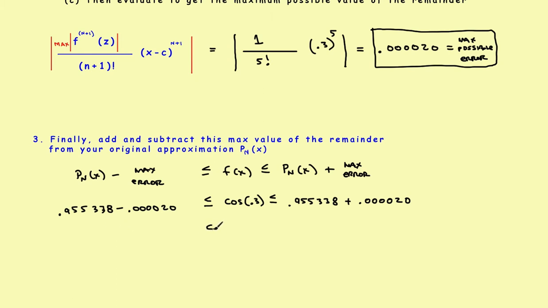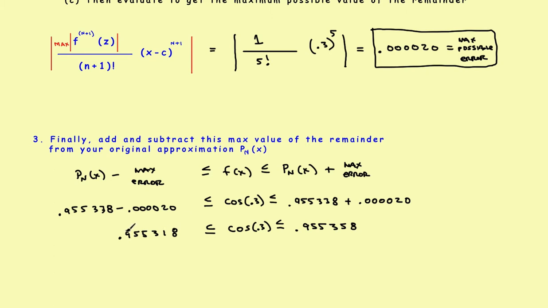So what this will give you is your estimate of the cosine of 0.3, and if you added these two together, you would get 0.955358, and on this side you would get 0.955318. Now actually I'll put a little box around these because this actually is the answer.